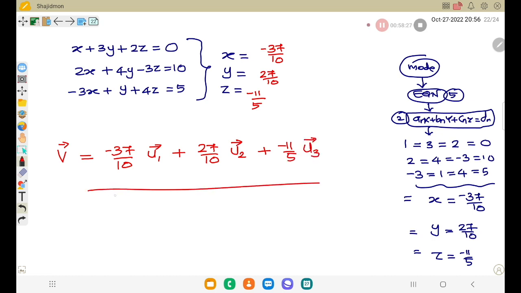This is the linear combination. Apply the calculated x, y, z numbers to that linear combination, and you can write vector v as a linear combination of u1, u2 and u3 vectors. If you want more questions, you can go to the 1.1 section recording and 2.2 section recording. You can see this type of questions there. Hope you understood this question.